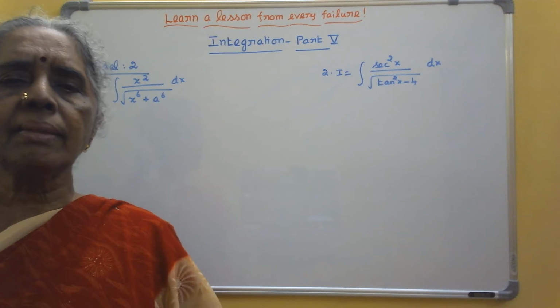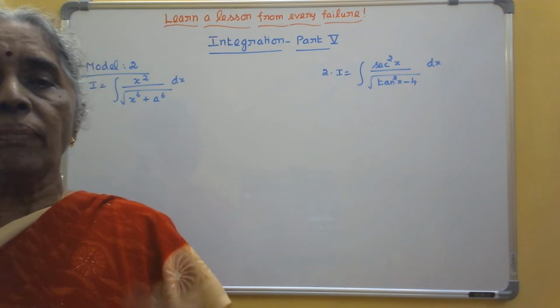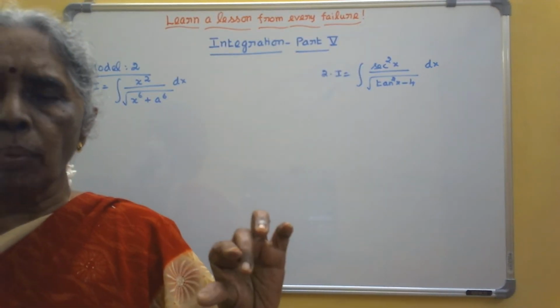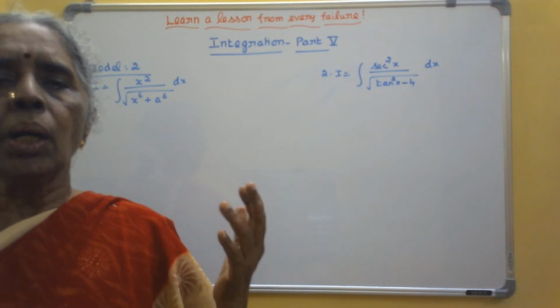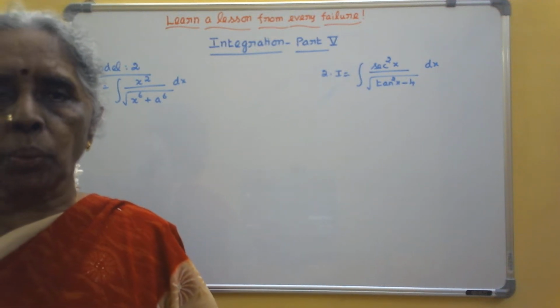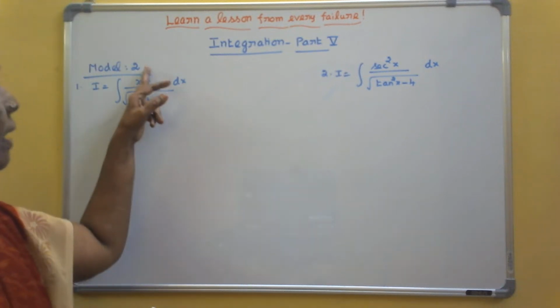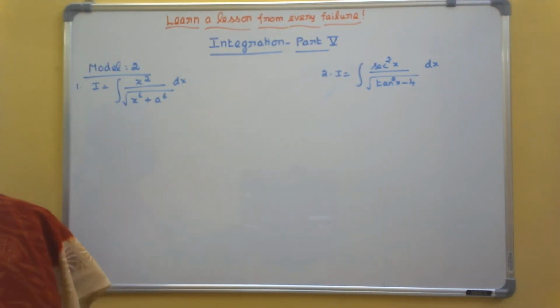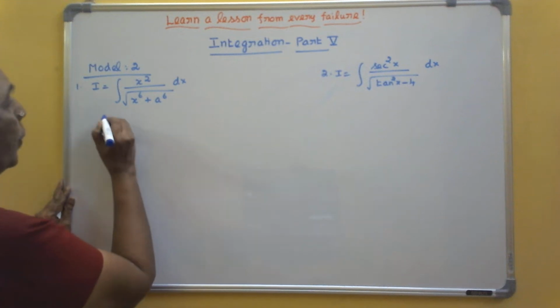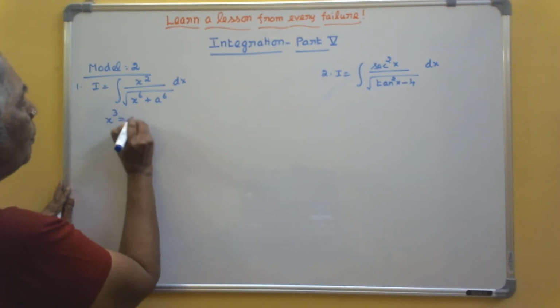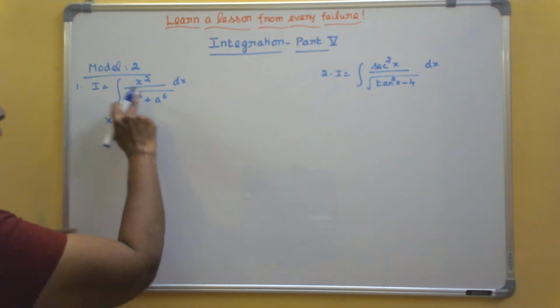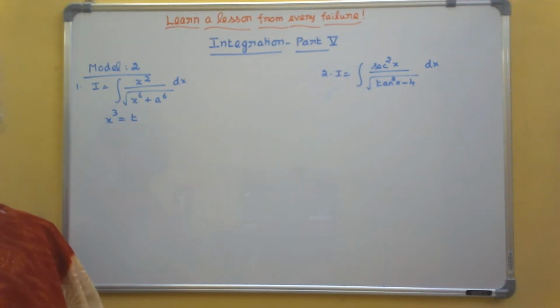A power 6 is a cube the whole square. But when I have in the bracket x cube, I cannot apply the formula root of x squared plus a squared. I told you that should be a linear algebraic function. You also have an x squared in the numerator. So, here actually I am going to substitute x cube is equal to t. Then only I will get x power 6 as t squared, so that I can use the formula.